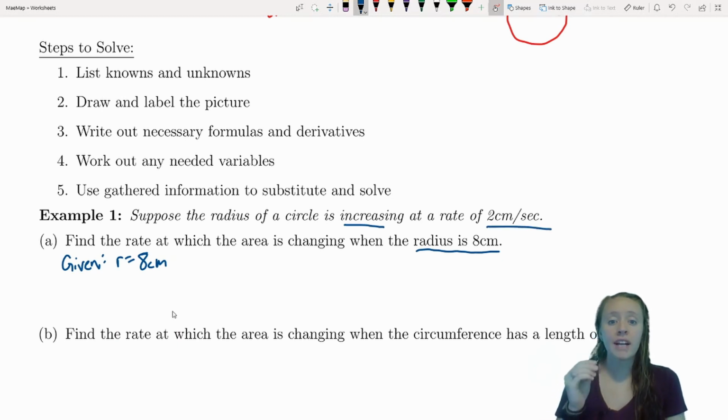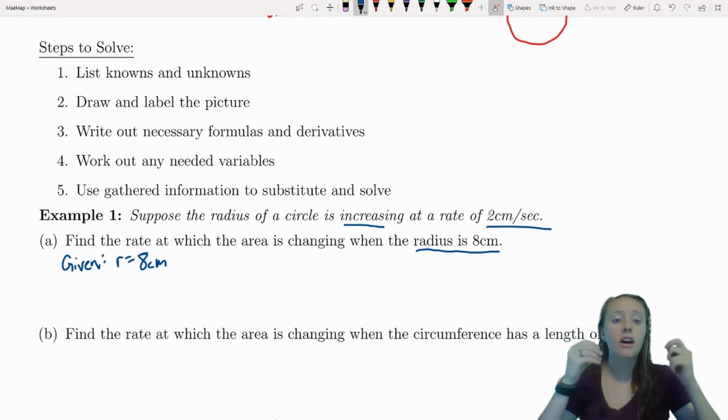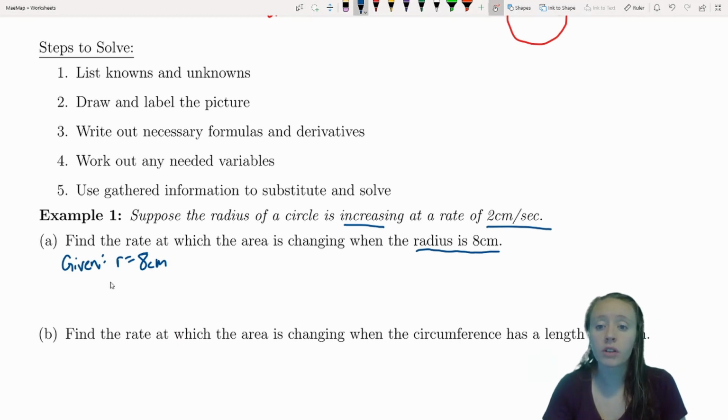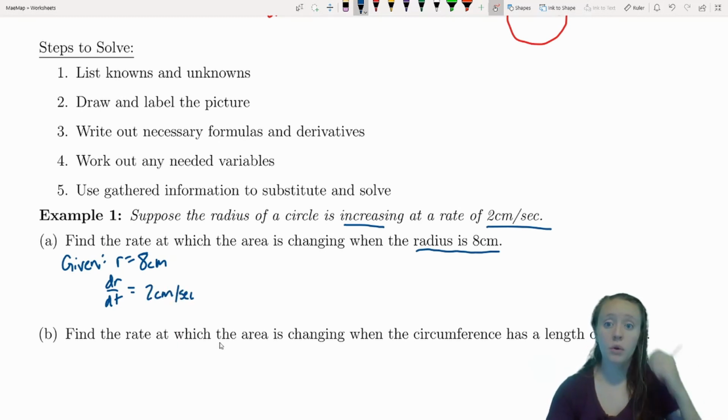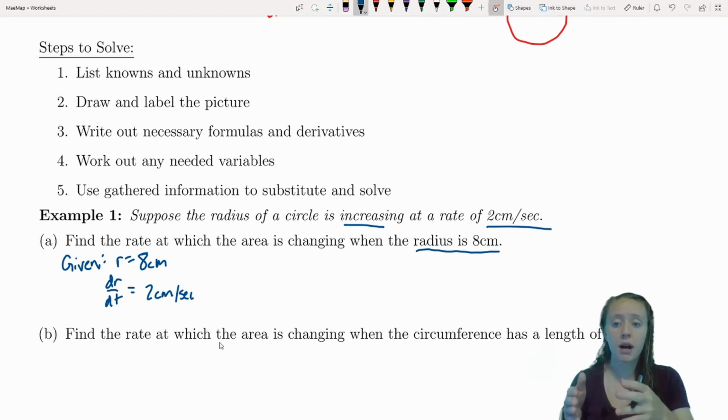If the radius is increasing at a rate, centimeters per second, that's the rate of change with respect to time, that's my dr/dt. So also given is dr/dt, and I know that is 2 centimeters per second. So those are my knowns for the problem.